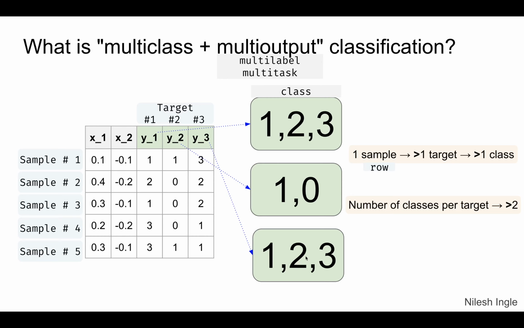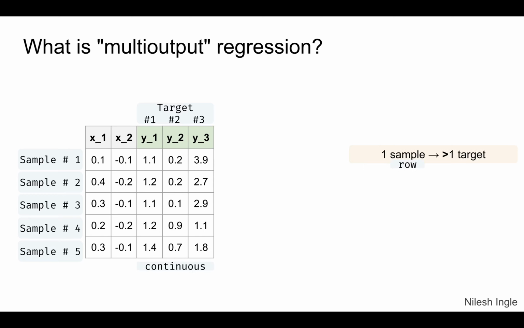But y3 then again has 3 different classes, 1, 2, and 3. So again, in this case, each sample has more than one target, and thus each sample has more than one class. The biggest difference here is each target can have more than 2 classes. In the previous case, each target had just 2 classes. Here it can have more than 2 classes.